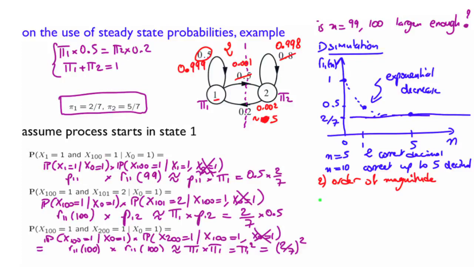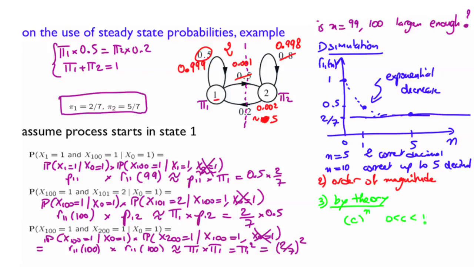And finally, for those interested, you can study that by theory. There is a field that tries to study how fast a Markov chain converges to steady state, the so-called mixing time. And it turns out that for these Markov chains, you can say that the rate of convergence is of the order c to the power n, where c is a number between 0 and 1.